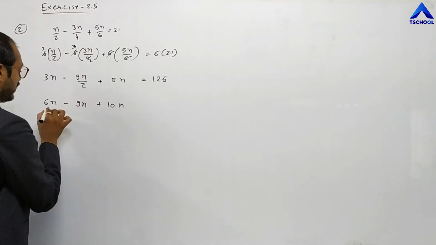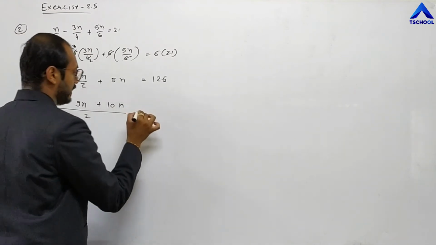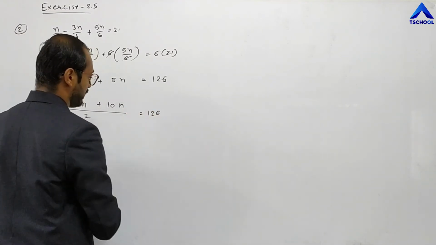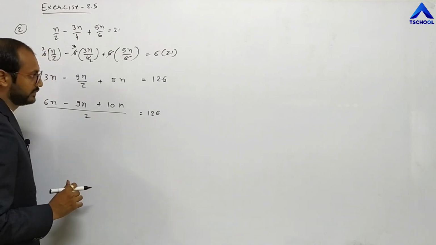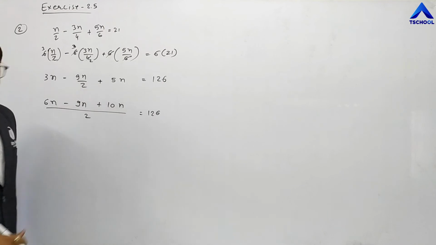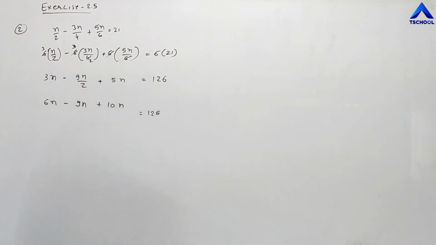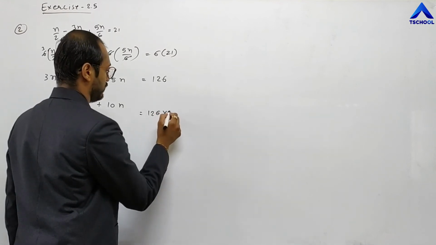The right side again is 126, and we multiply by 2 on both sides. We are taking the LCM, or the simple thing is multiplying by 2 on both sides.